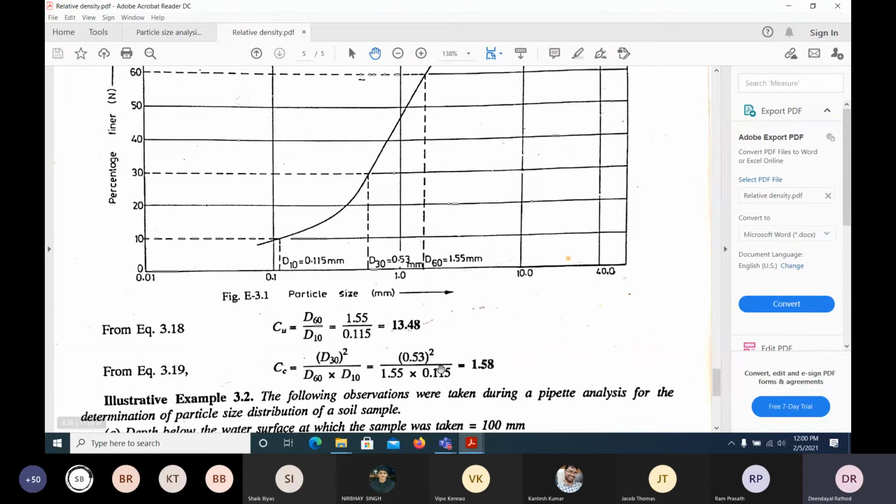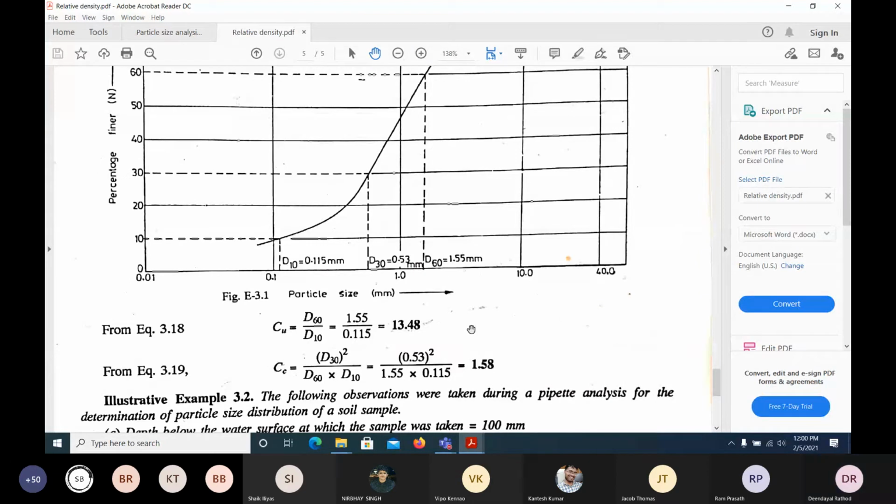Now can you tell me exactly which kind of soil it is? Can anyone guess? If the coefficient of curvature is between 1 and 3, what kind of soil is it?